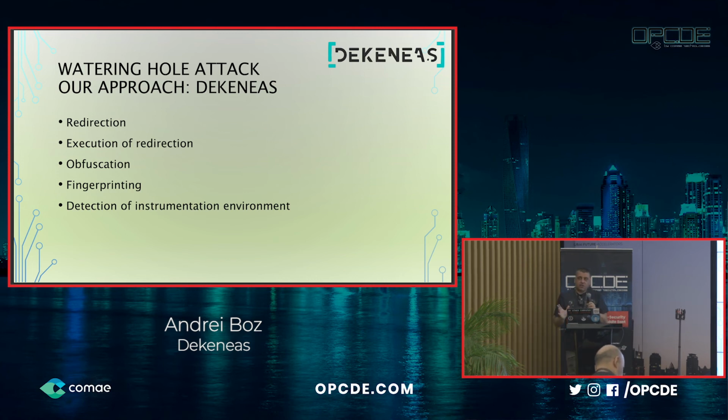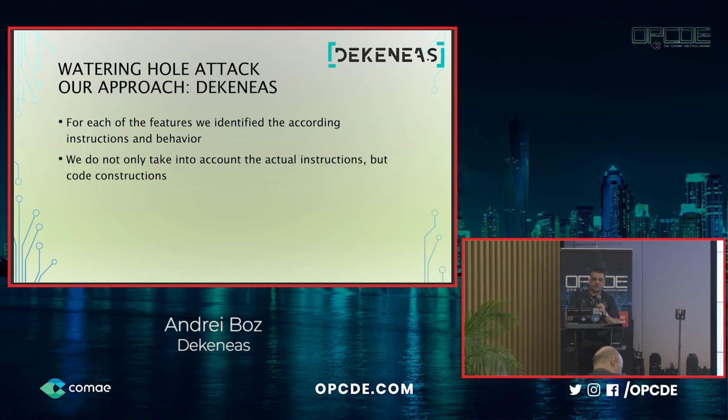So basically, knowing these features, we try to identify the instructions and the keywords that would allow an attacker to perform these actions. We identified basically the code constructs that would perform these features.